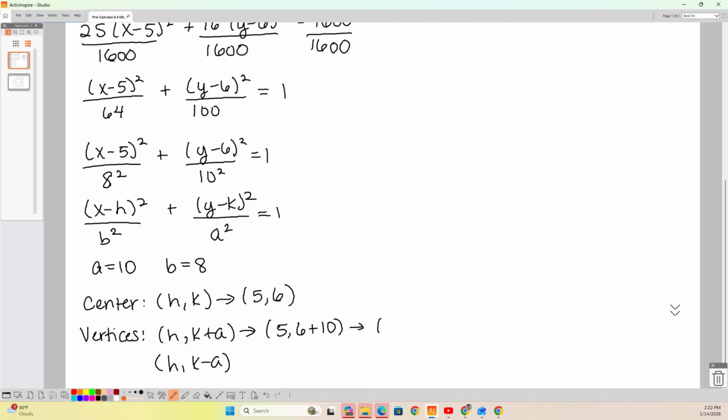So we get that one vertex is the point (5, 16). And the second vertex is h, which is 5, k, which is 6, minus a, which is 10. So we get that the second vertex is the point (5, negative 4).